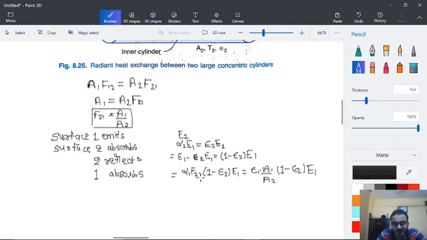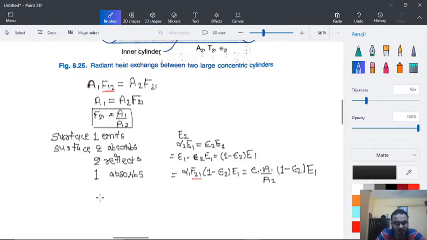Now if you see carefully, now here we are having F21. It was not present previously. Why? Because F12 was 1. This value was 1 at that time, so we were not counting it.